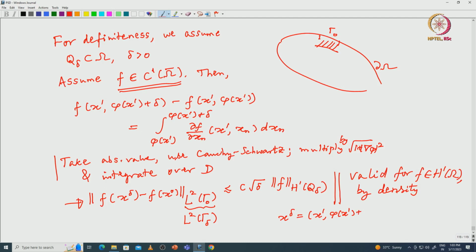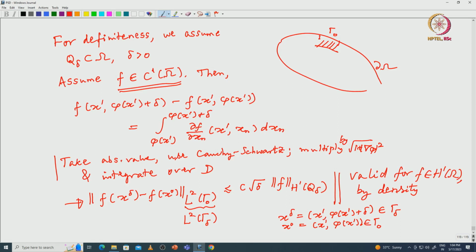So, this sits on gamma delta, and x 0 the surface we started with. So, starting with a small simple piece, and then getting a parallel simple piece.